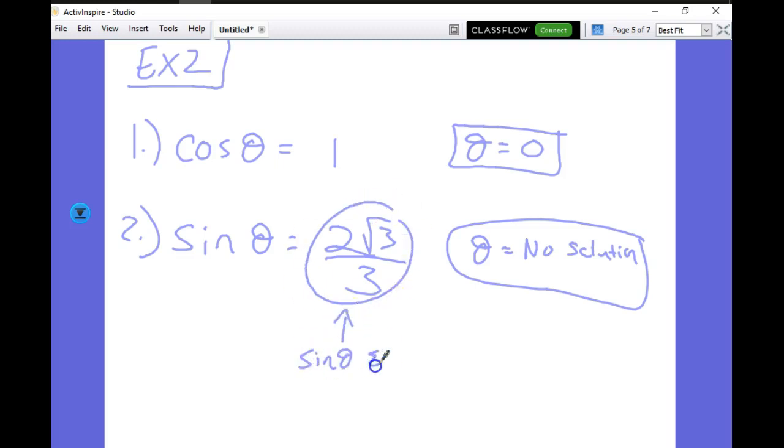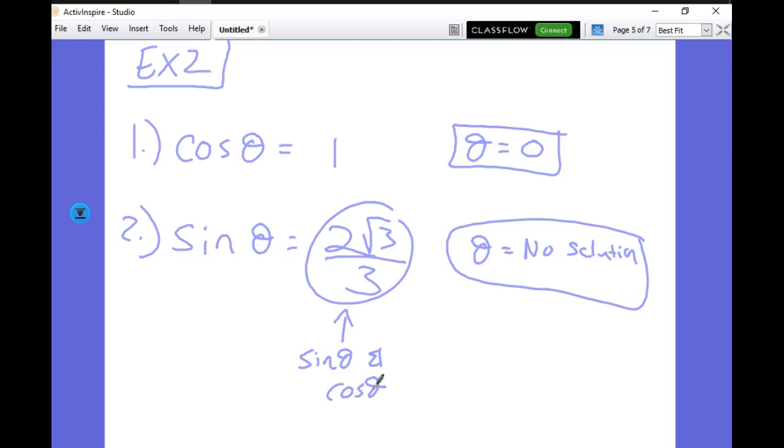Both sine and cosine. In case you haven't noticed, if you take radical 3 over 2, that's one of our numbers, right? As a decimal, it's 0.866. Radical 2 over 2, that's 0.707. They're never bigger than 1. They always have to be between 1 and negative 1.